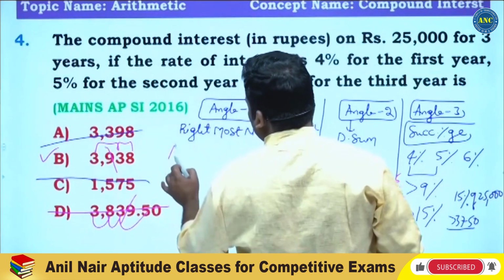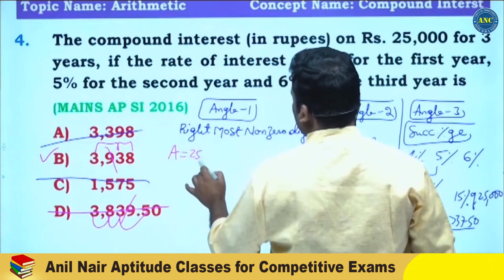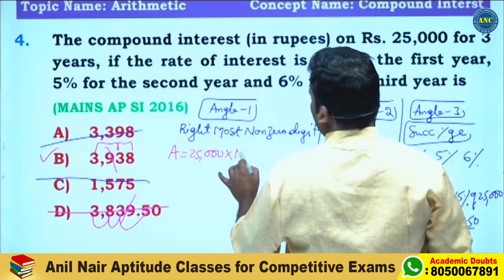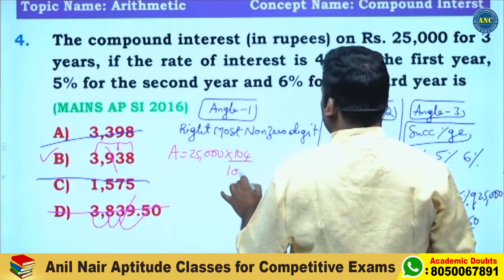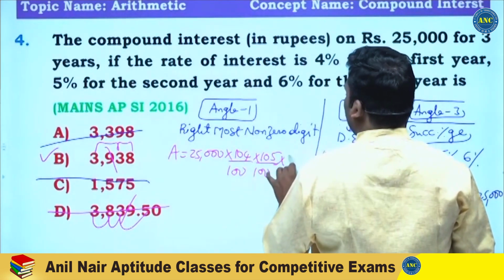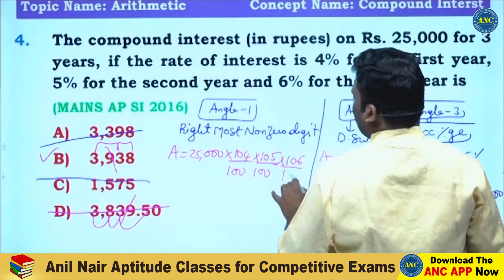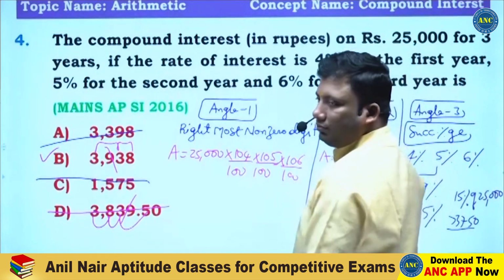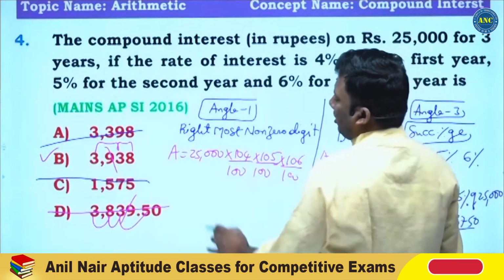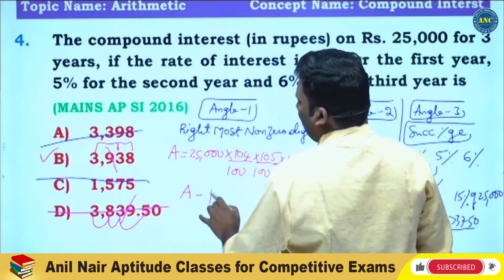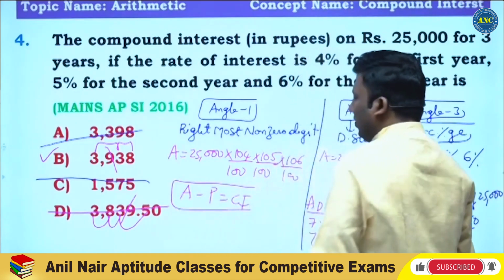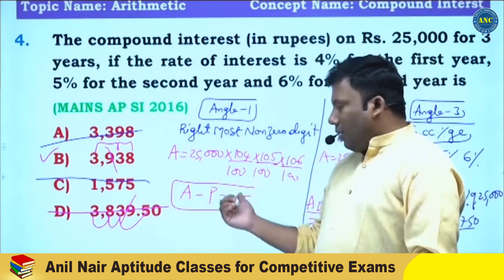Suppose the amount is 25,000 into 104 by 100, 105 by 100 and 106 by 100. Find the rightmost non-zero digit of the amount. Amount minus principal is compound interest.